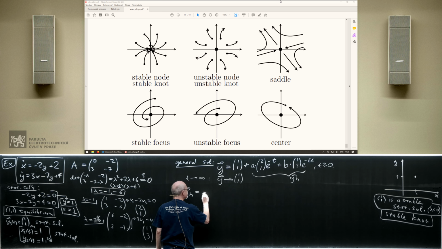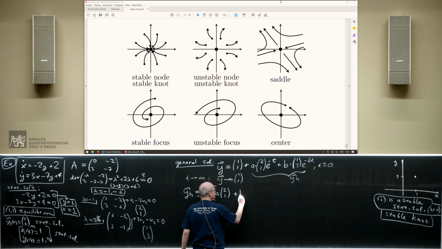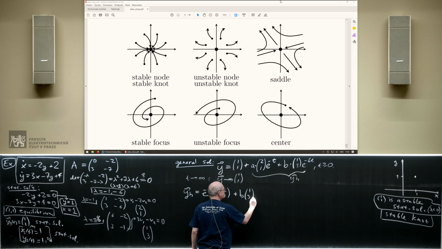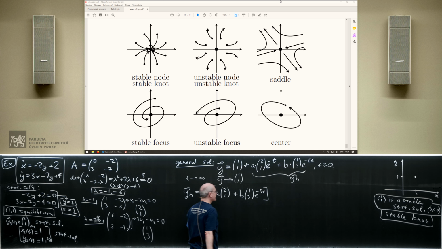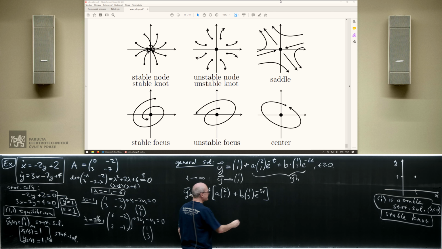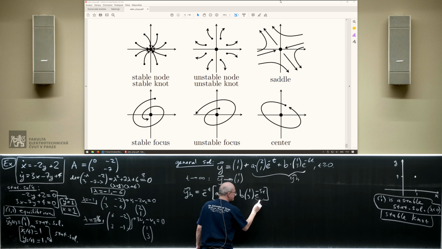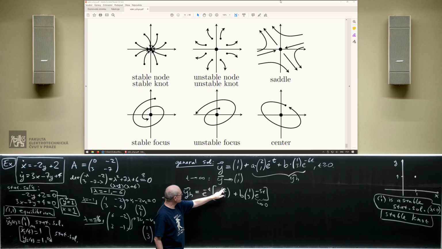I'm going to factor out e to negative t, and I get a times 2, 1 plus b times 1, 3 e to negative 5t. Now what happens when time goes to infinity? Well, this part goes to 0.